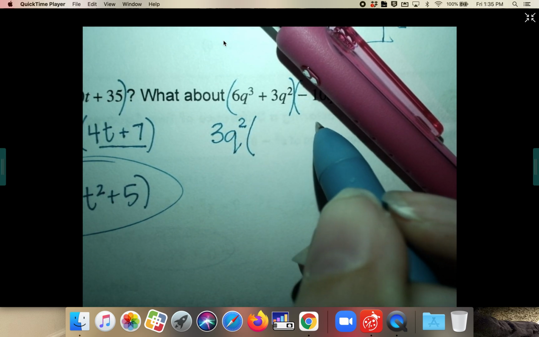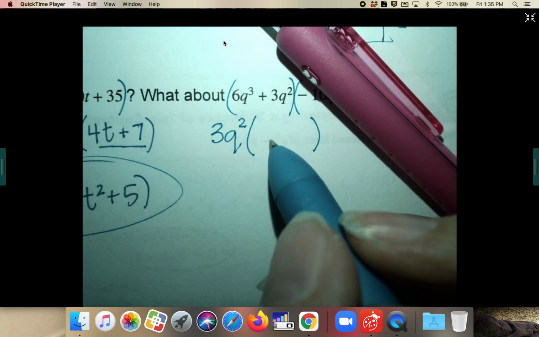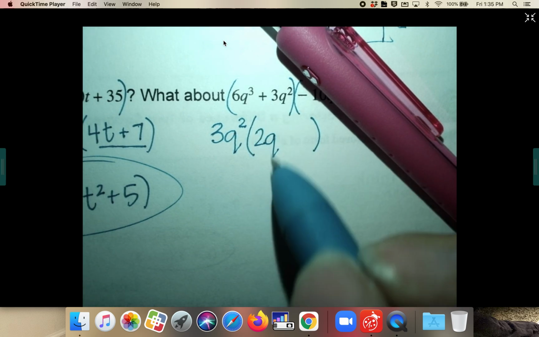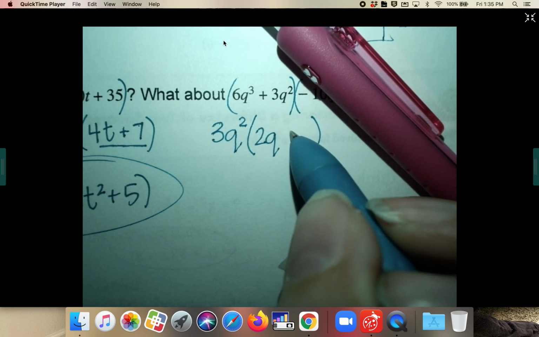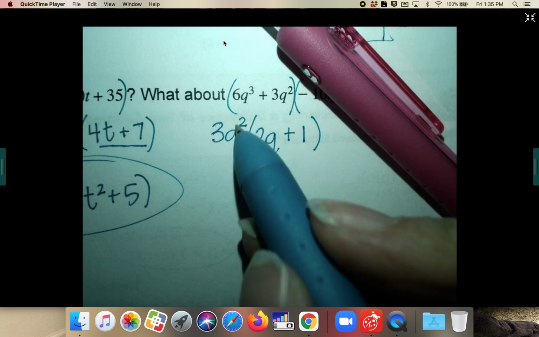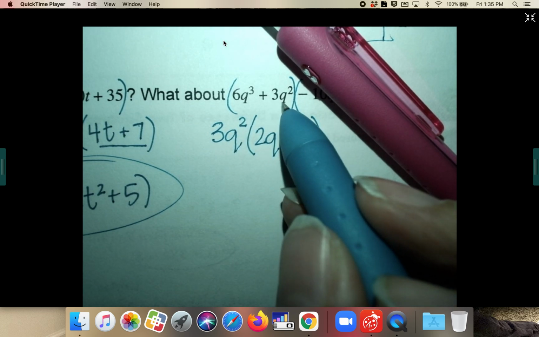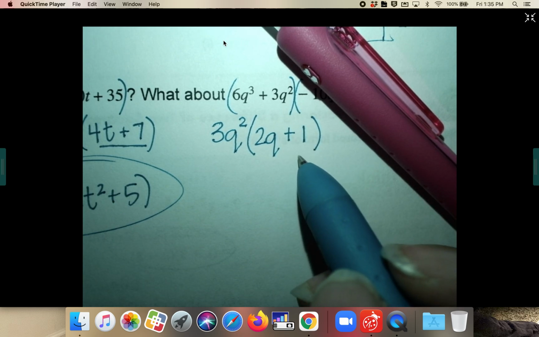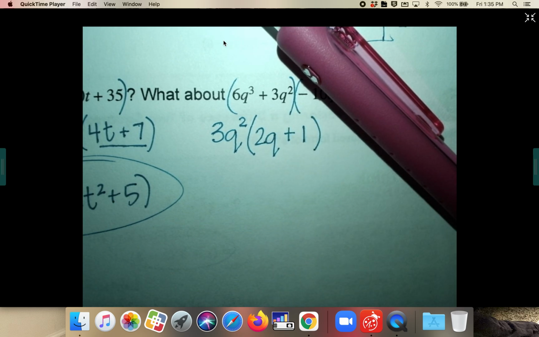And that would leave inside 2q, because 2 and 1 is what's going to give us our 3, and plus just 1, right? Because 3q squared times 1 is 3q squared. So you do have to put that plus 1 there. You can't just leave nothing.